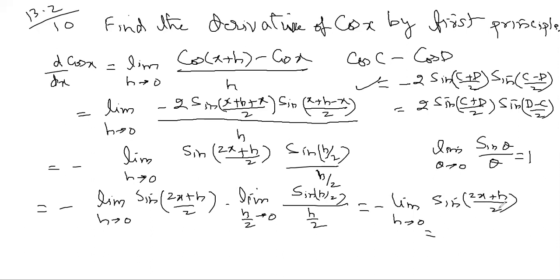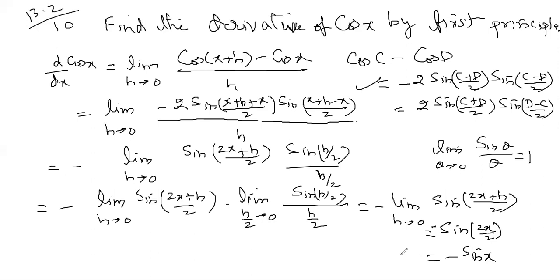Now just put the value of h as 0. So minus sine of 2x upon 2, 2x upon 2, since h is 0. Therefore we get minus sine x. So we got the formula. I told you, you have to remember these formulas. We are actually proving these formulas by first principle.